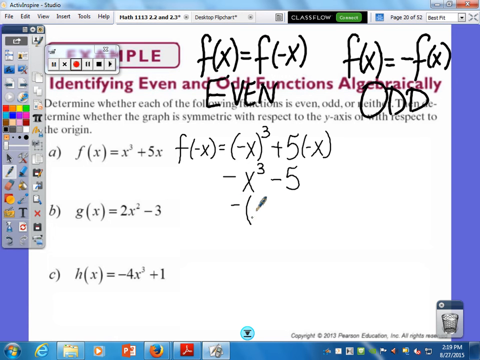Factor out a negative and I'll get x cubed plus 5x. So if you notice this, that is what your original function was, and all it is multiplied by that negative. So this one is an odd function. I'll let you test the other two for even or odd.